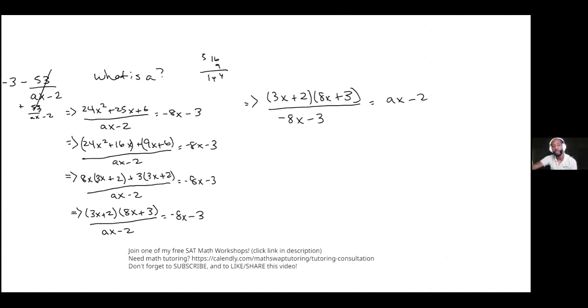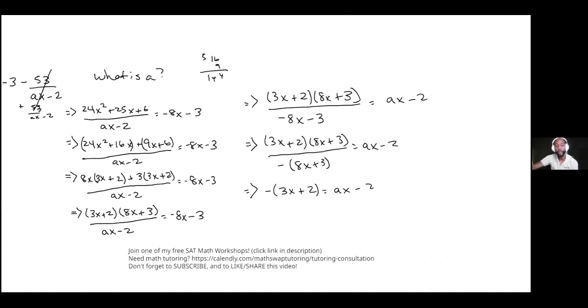So this becomes 3x plus 2 times 8x plus 3 over negative, and then 8x plus 3 equals ax minus 2. These cancel away to 1, so you're going to have negative 3x plus 2 equals ax minus 2. I'm going to put that negative number in there. Negative 3x minus 2 equals ax minus 2. Now look at this. These are formatted the same way. You've got negative 3x, ax, negative 2, negative 2. So to make these equal, A has to be equal to negative 3.